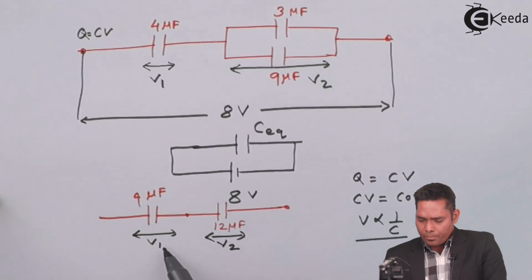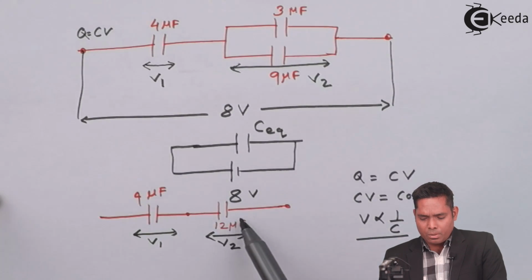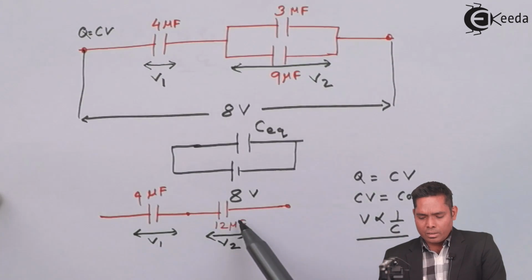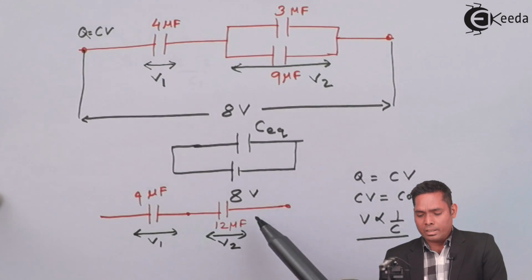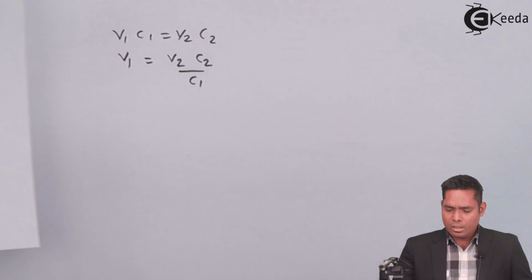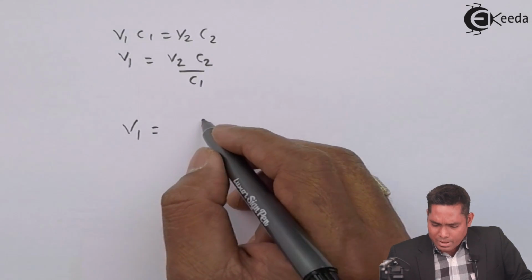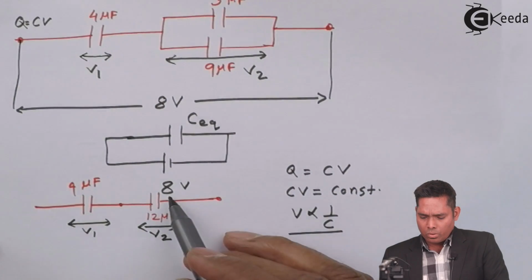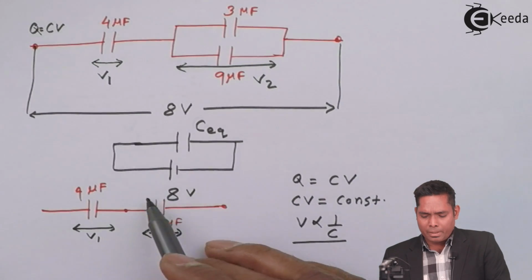Now I will divide this way, that V is inversely proportional to C, so I'll write the capacitance of the other capacitor. If I want the potential drop here, I'll write the capacitance of the other capacitor divided by the total capacitance into the potential, that is 8 volt. So the V1 is actually the other capacitance, that is I call this C2, divided by, I am calling this C1, this is C2, so the capacitance of the other capacitor.